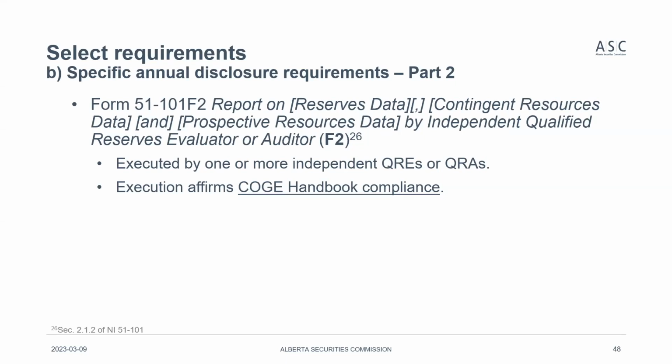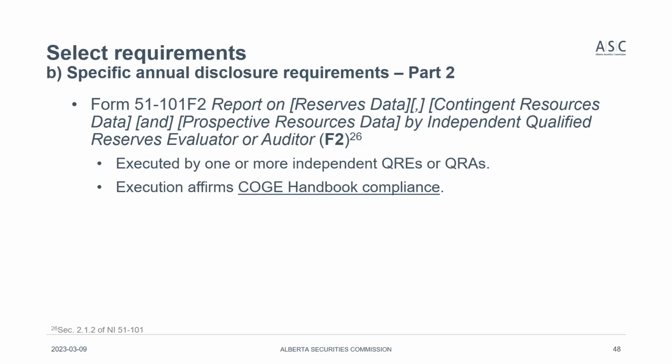The execution of the F2 affirms compliance with the COGI Handbook. So when a qualified reserves evaluator or qualified reserves auditor signs off on the F2, they're essentially saying that they've done their work in compliance with the COGI Handbook.